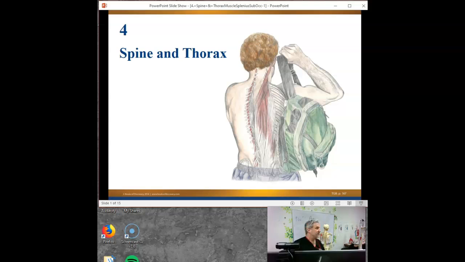Remember the traps go down into the shoulder, and the deltoid seamlessly takes off after that. The deltoid comes down into a delta, a point, and inserts into what tuberosity on the humerus? The deltoid tuberosity. It sure is. Good.